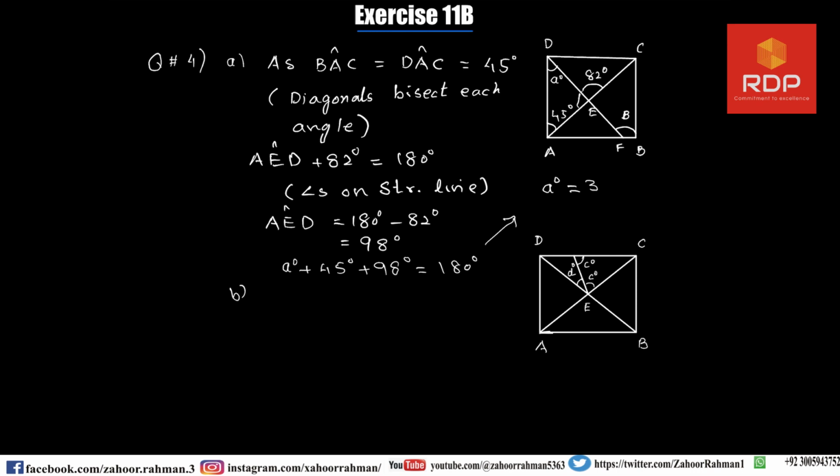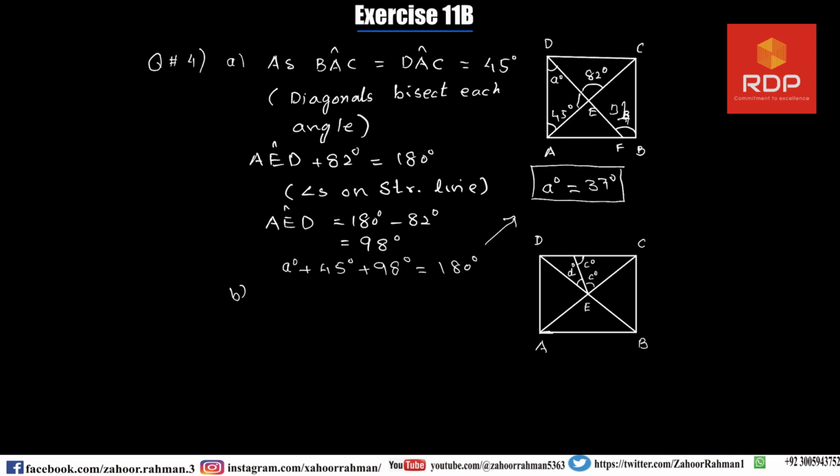You can confirm that with your calculator. I already did it on the calculator. So now we found A to be 37, and now we are going to find another angle, and that is B angle, which is this one, and that is B angle.